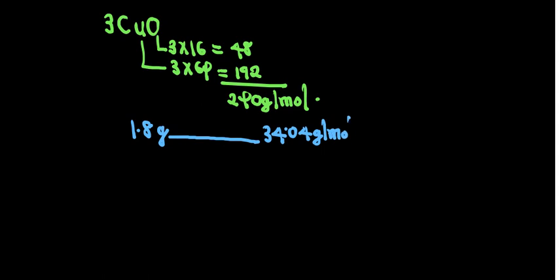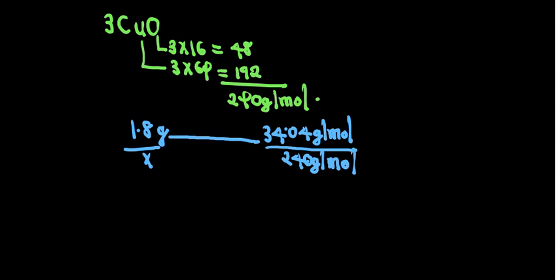So we know to say this is the molar mass and this is the actual mass of the substance or of the compound. So we want to find out the actual mass of what molar mass? Of the copper oxide. So this becomes 240 grams per mole.